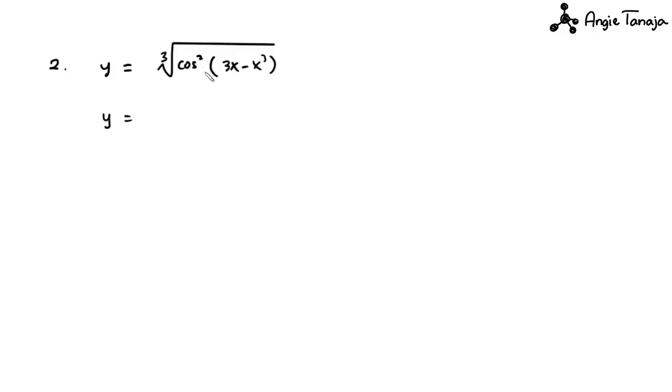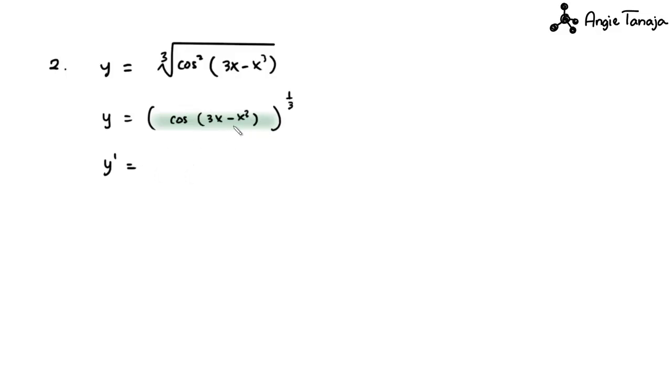When you see here, actually we have to take a look at this as a green function, a certain function that we don't want to look at now, to the power of 1/3, which is the cube root, right? And the green one here is the cos 3x minus x cubed.